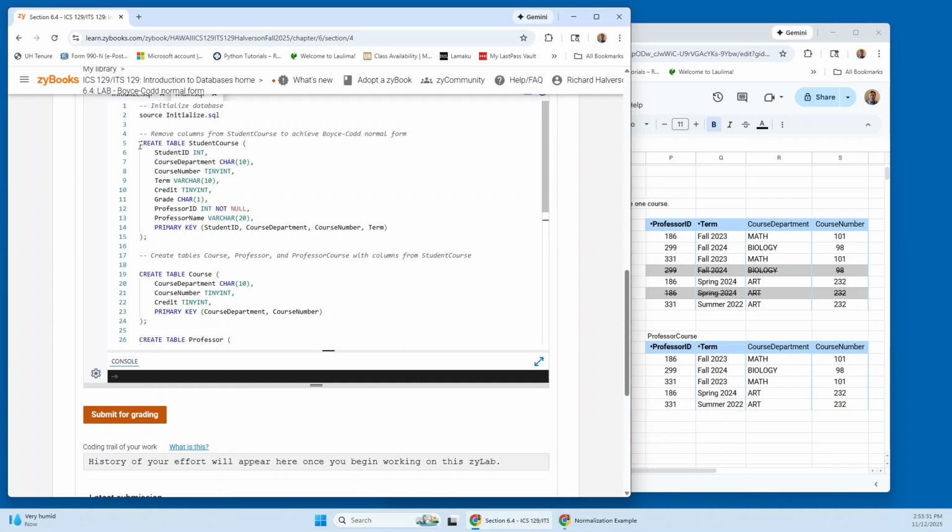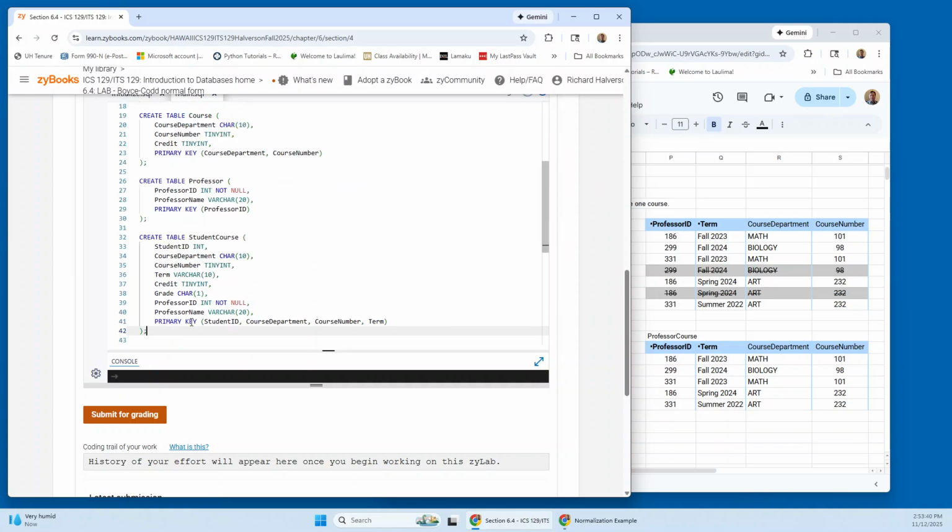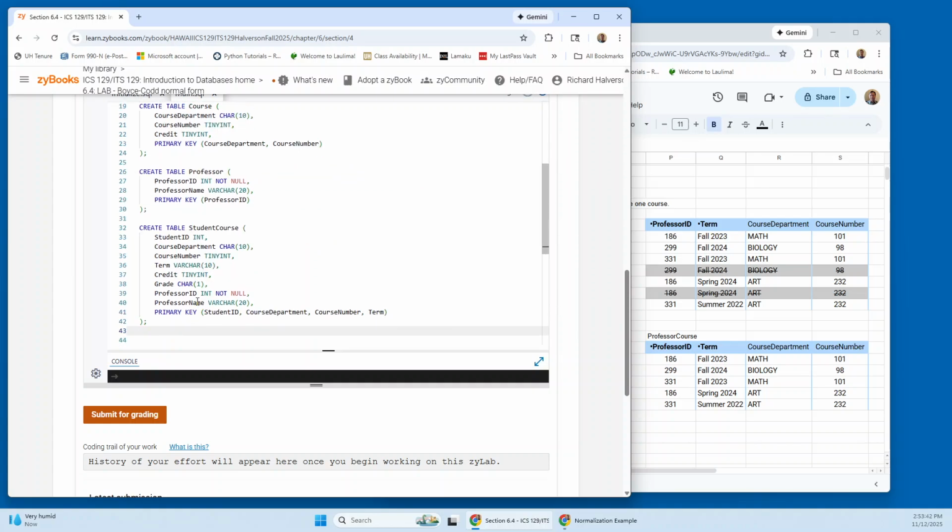Let me just copy this again because I'm lazy. And this one's going to be called Professor Course. And it's going to have Professor ID and term.